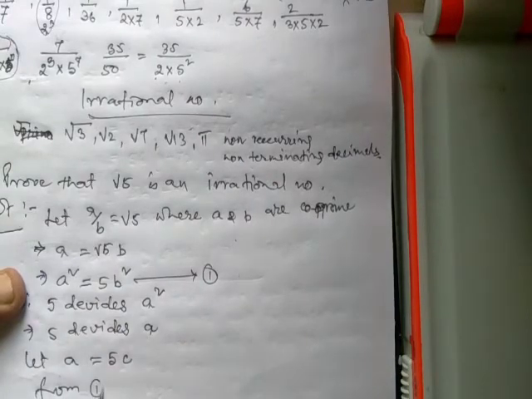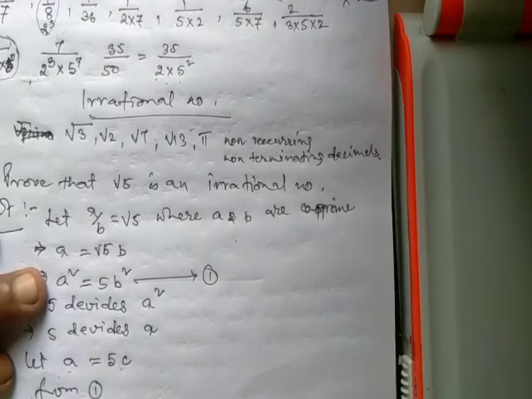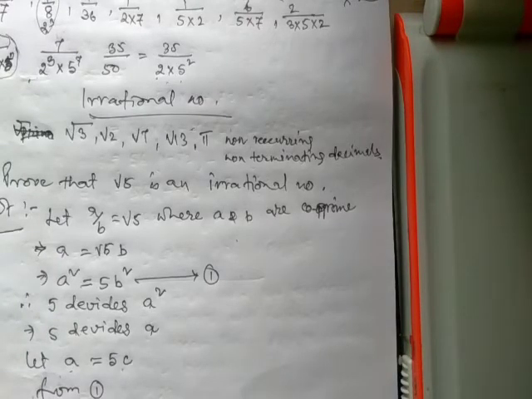From equation 1, in place of a, I will substitute the value. a is equal to 5c, so 5c whole square is equal to 5b square. This implies 25c square is equal to 5b square.